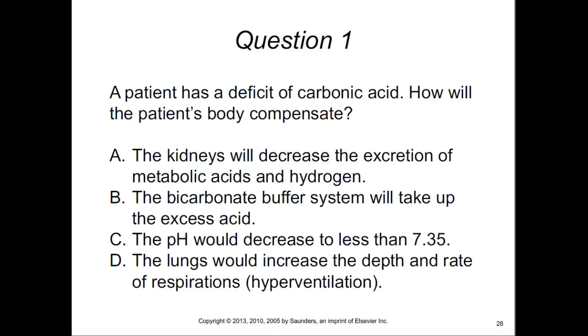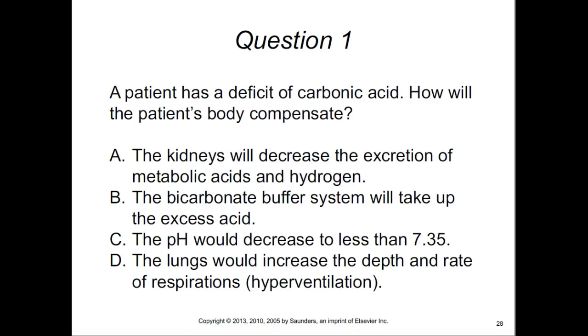All right, so question 1. A patient has a deficit of carbonic acid. How will the patient's body compensate? A, the kidneys will decrease the excretion of metabolic acids and hydrogen. Let us think.